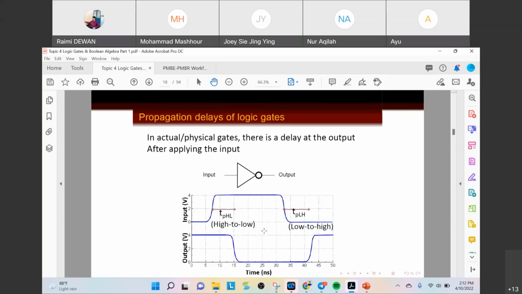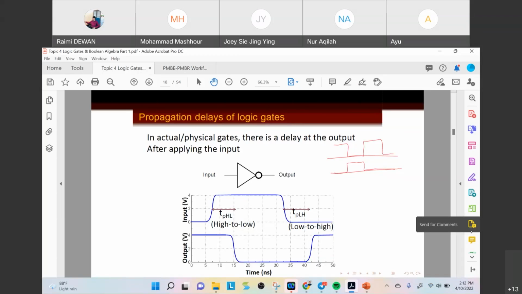This was also touched on in the previous lecture about propagation delay. You won't get an ideal response. In the ideal case, if you have an input like this, the corresponding output can be anything, maybe like this.